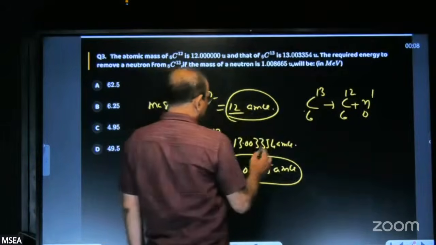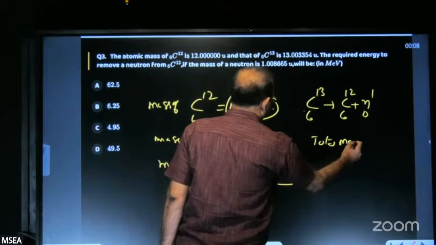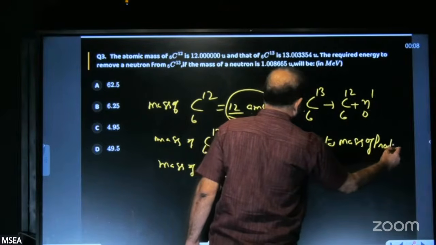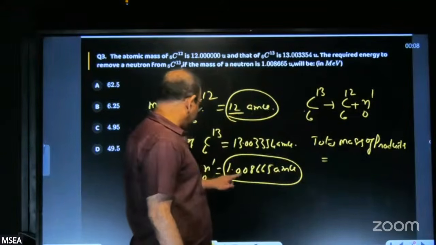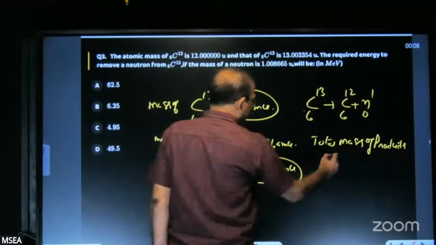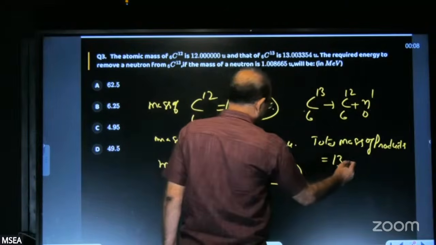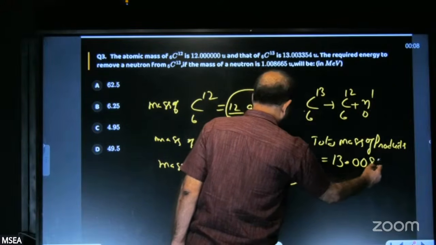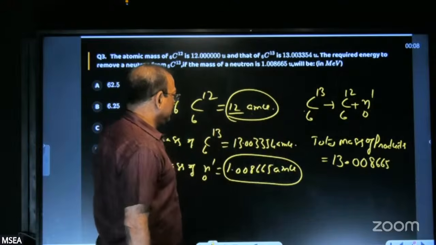If I add the products, 12 plus 1.0086, I am getting 13.008665 AMU.